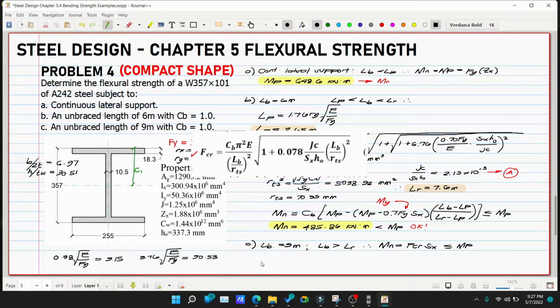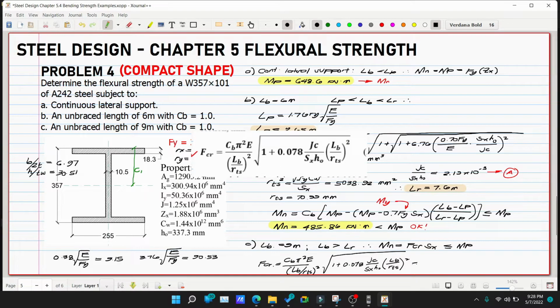So, equation for FCR is equivalent to CB pi squared E over LB over RTS squared multiplied by square root of 1 plus 0.078 multiplied by JC over SX HO multiplied by LB over RTS squared.